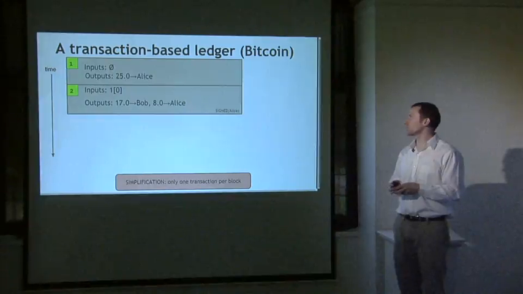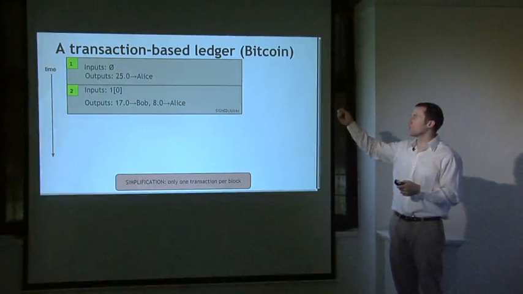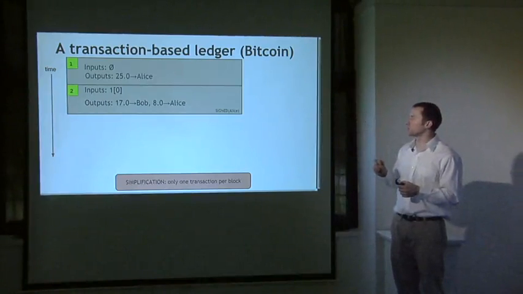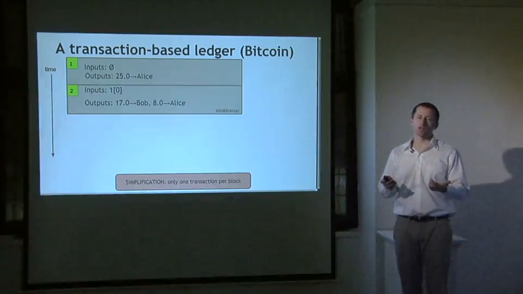So the input to this transaction will be output index 0 from transaction 1, which we can see from the very previous transaction in the log was a transaction that assigned 25 bitcoins to Alice. And now there are two outputs of this transaction. One of them is 17 coins to Bob, and one of them is 8 coins to Alice.